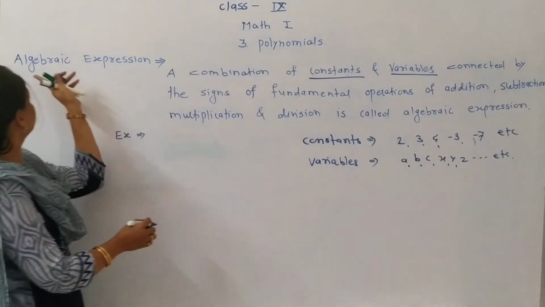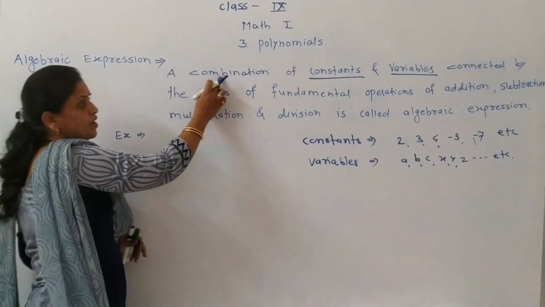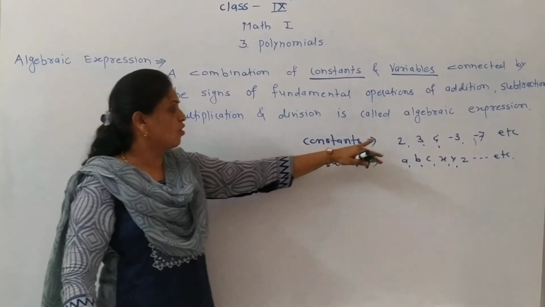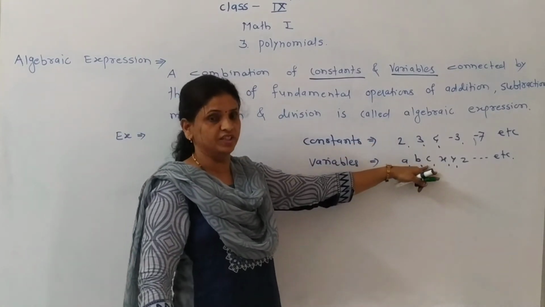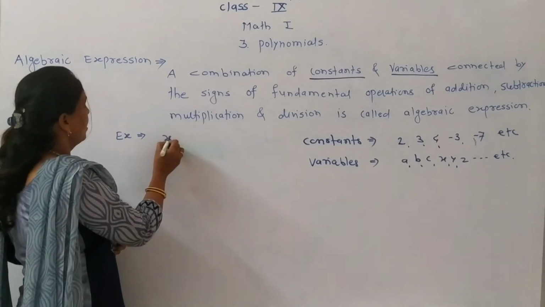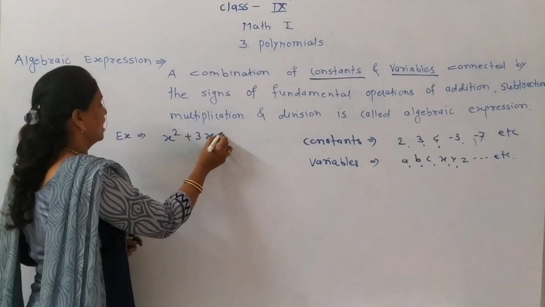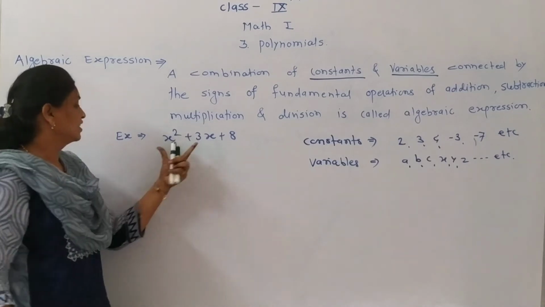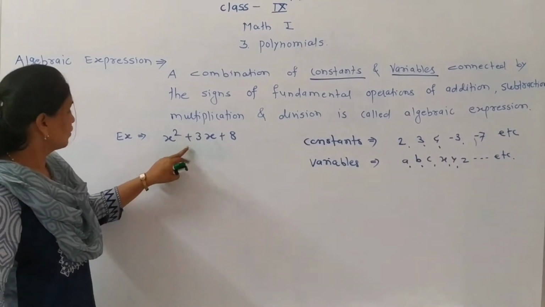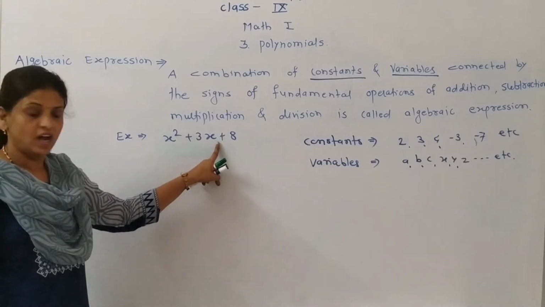So, in an algebraic expression, a combination of constants and variables means a combination of numbers and variables. Let's take an example: x square plus 3x plus 8. This is an algebraic expression because in this equation variables are there.